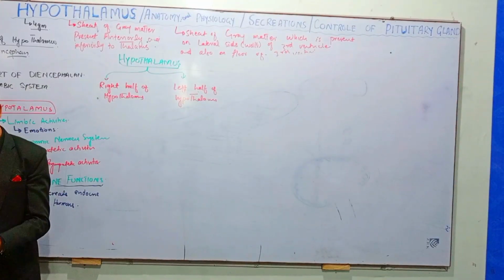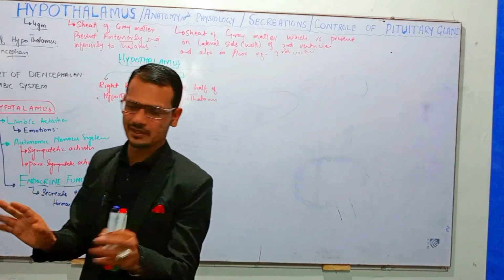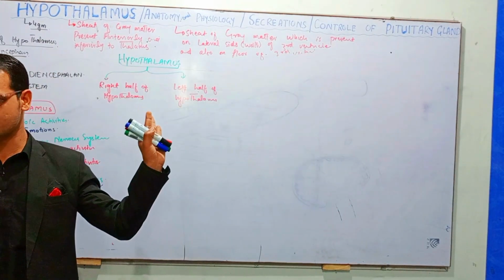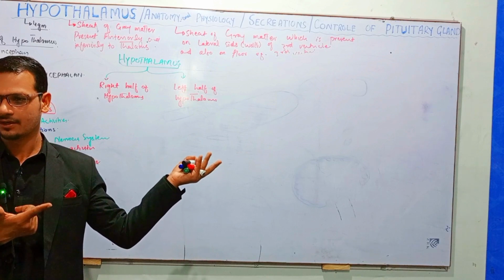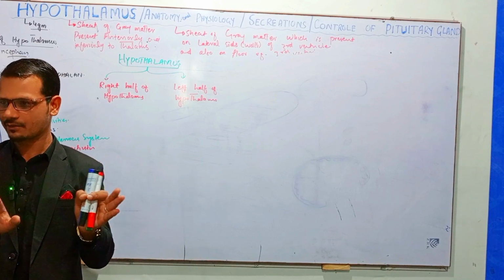For example, now we will take only the hypothalamus. We will not take the other structures, because you already know now about the anterior, posterior, inferior hypothalamus, right?